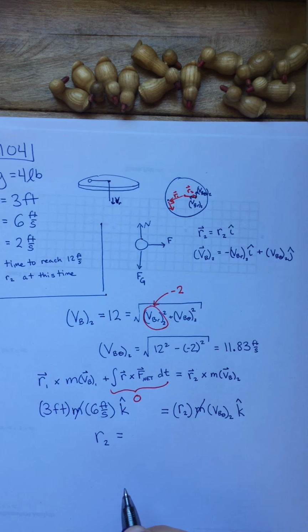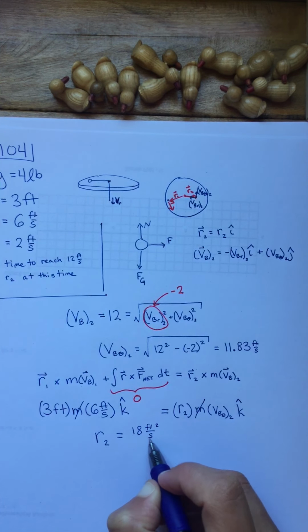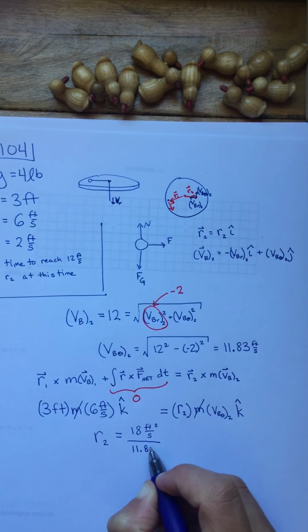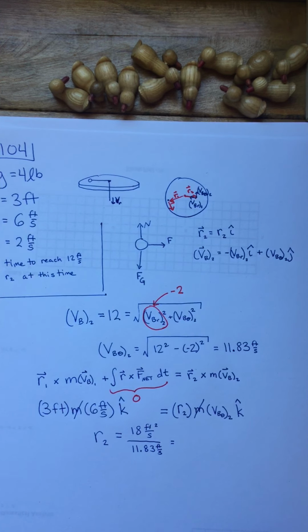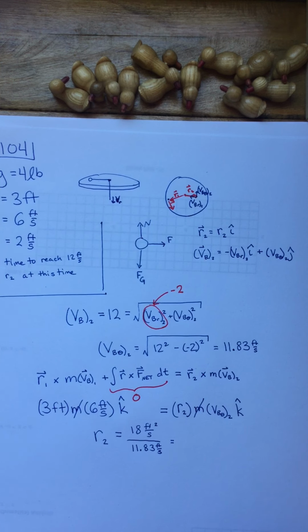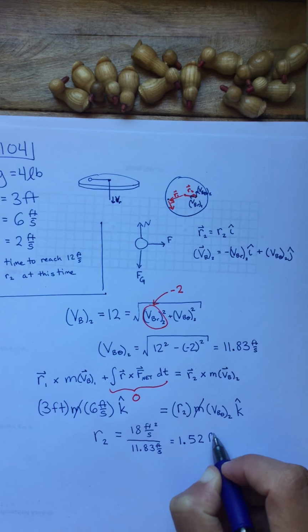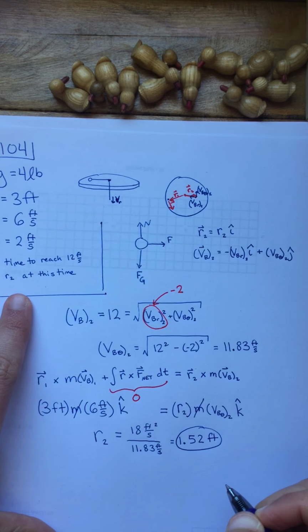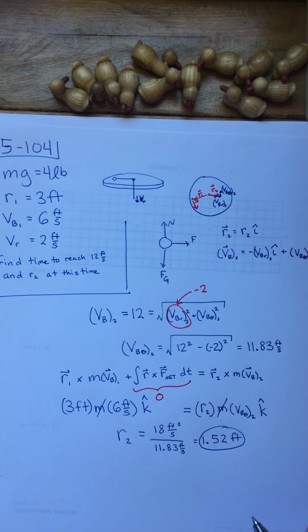That would be 18 feet squared per second divided by 11.83 feet per second, and that gives us 1.52 feet. This is r2, which we were asked to find, but we were first asked to find the time it takes to reach 12 feet per second.